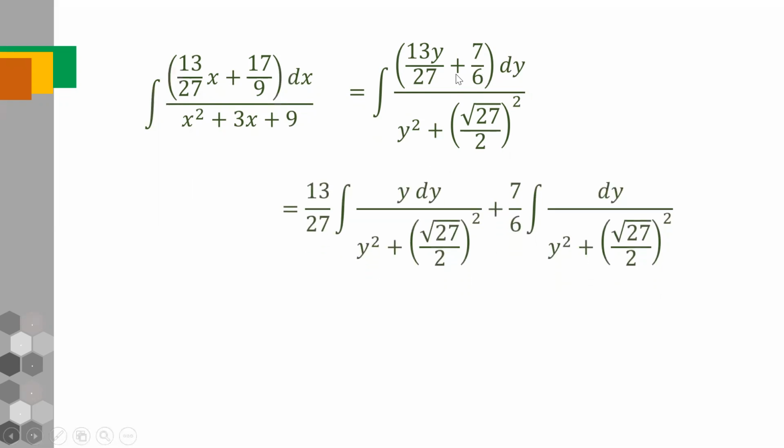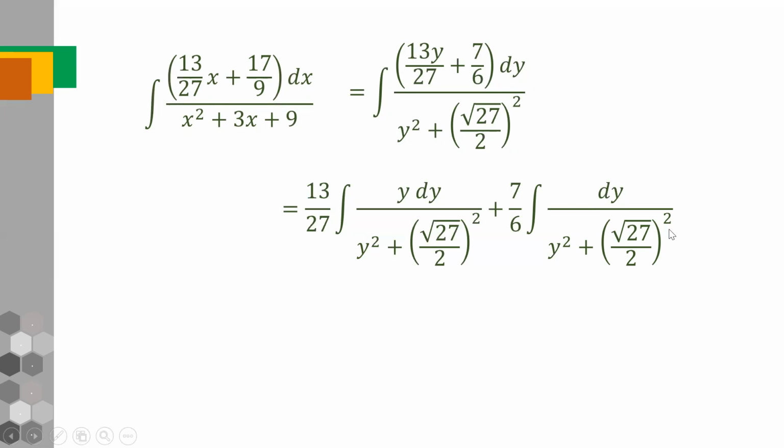We can break this integral into two parts. One is 13 over 27 integral of y dy over y squared plus square root of 27 over 2 quantity squared. The other one is plus 7 over 6 integral of dy all over y squared plus the square root of 27 over 2 quantity squared.